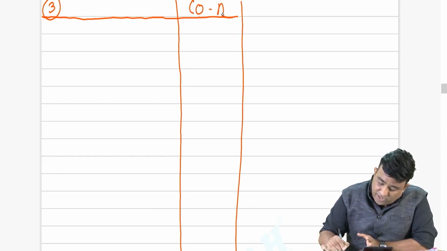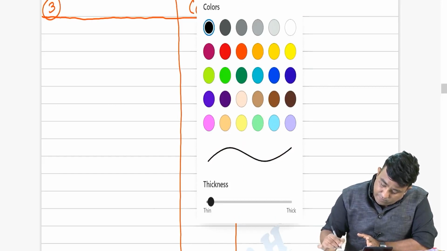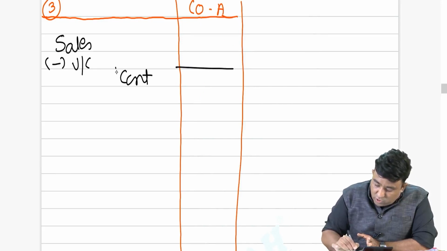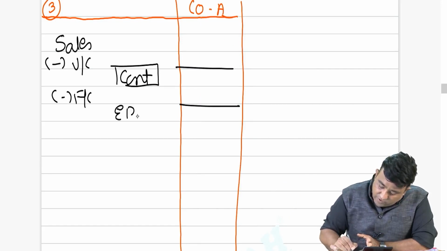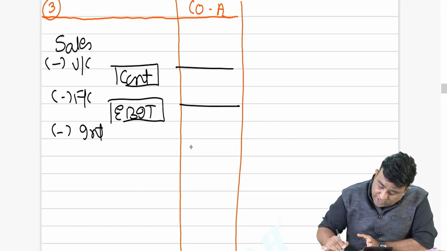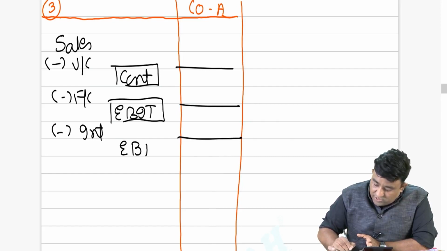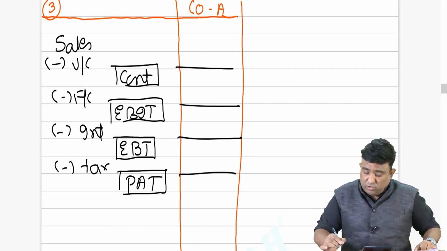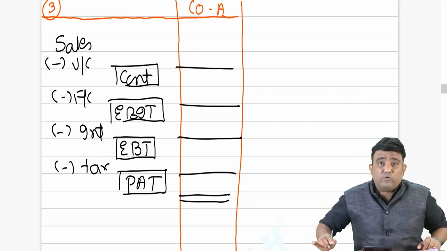This is only for company A. I can say sales minus variable cost gives you contribution, minus fixed cost gives you EBIT, minus obviously interest gives you earning before tax. Student, minus tax gives you profit after tax. And there is nothing like preference dividend and so on. So I can just put a small end to this.